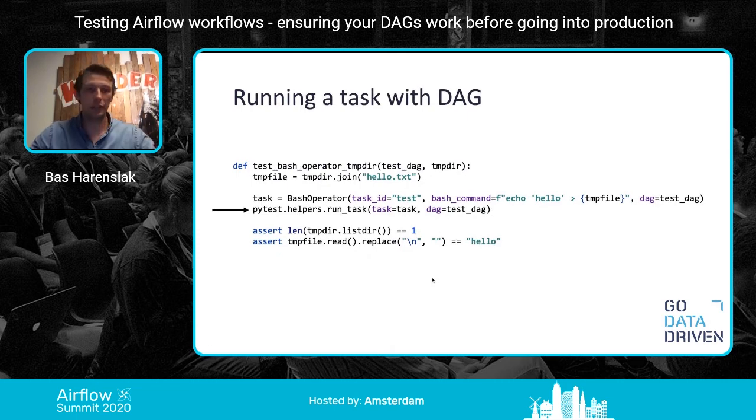So how do we actually use this thing? Just like before, we have the bash operator, and we call .execute on the bash operator. Execute is what Airflow calls under the hood when it runs a task, and whatever logic is defined in there will then be executed.